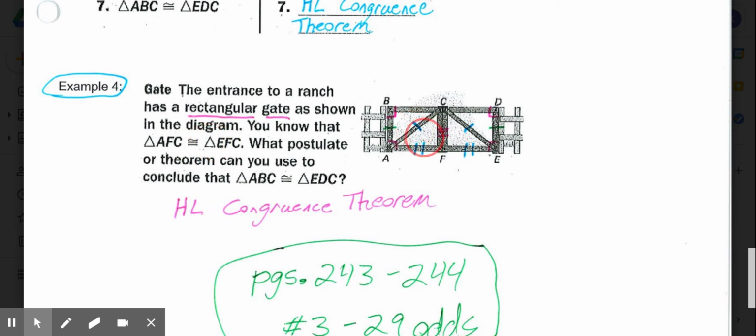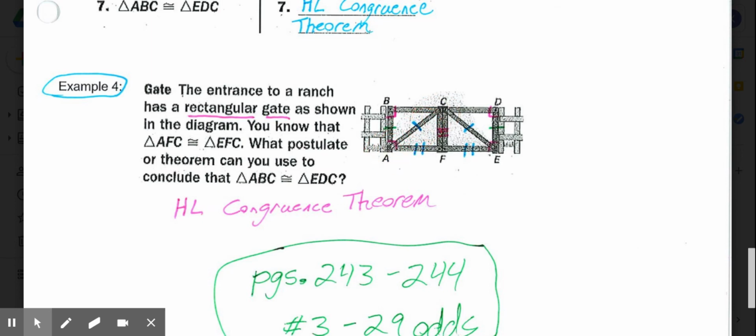So AFC right here, A to F to C, is congruent to E to F to C. So why does that matter? Well, then I know that CF is congruent to itself, which is the reflexive property, but I also know the key info that CE is congruent to AC.